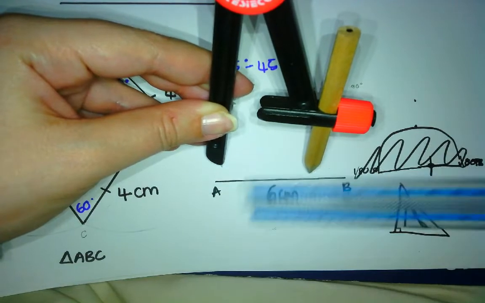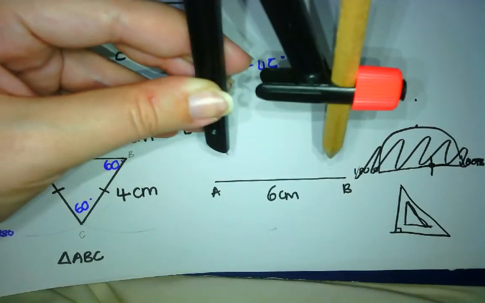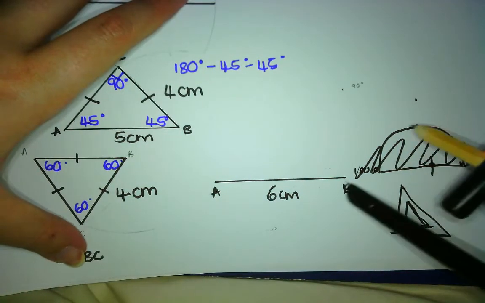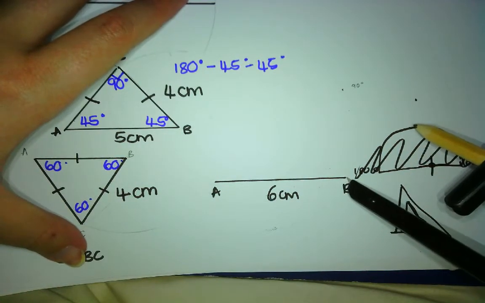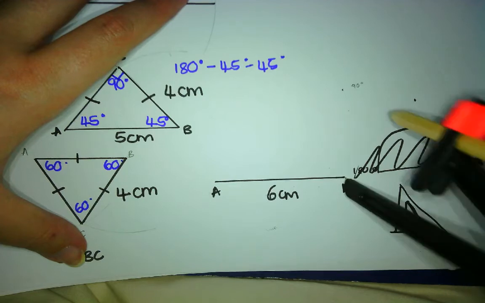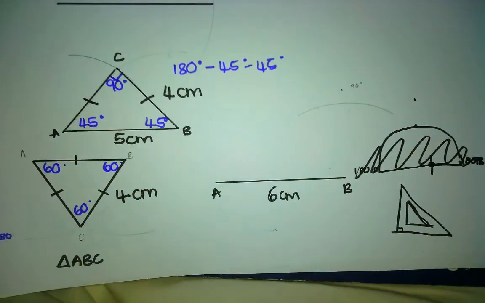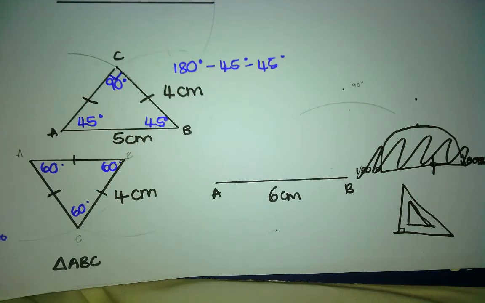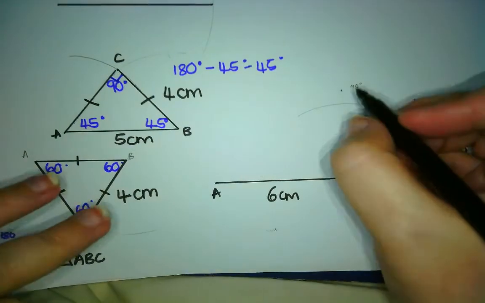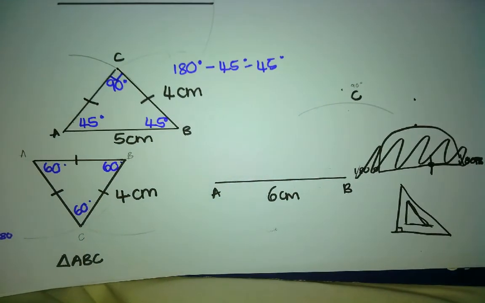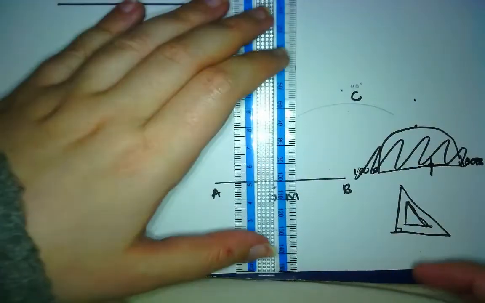I don't know why I have 4 in my head all the time, but anyways, so we've got that, and then we put the point over here, so BC is going to be 4 centimeters. So here is C, and then we're just going to take our ruler and connect it.